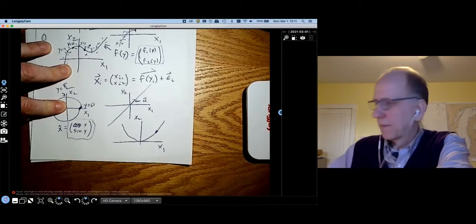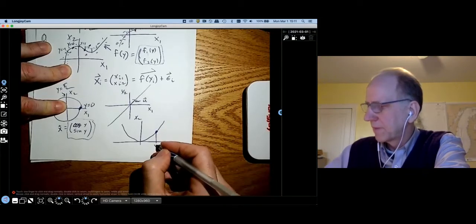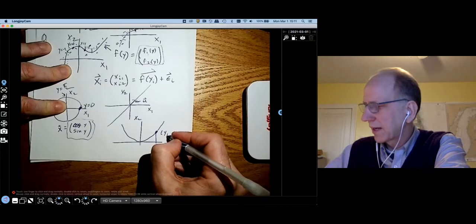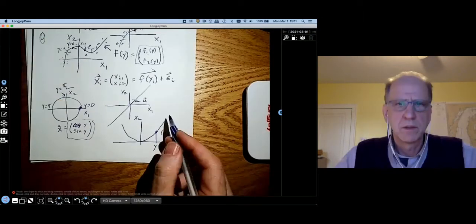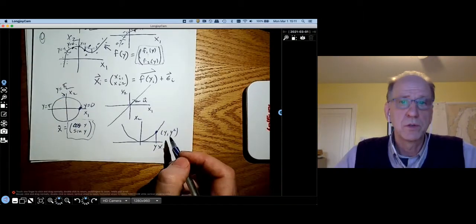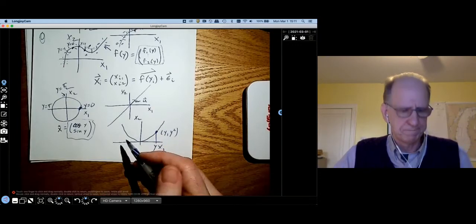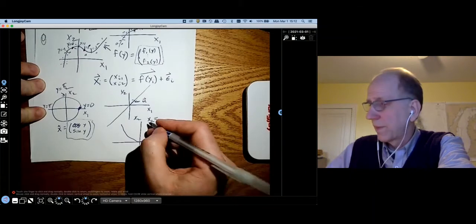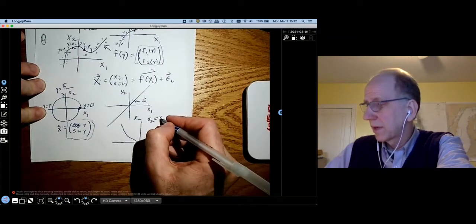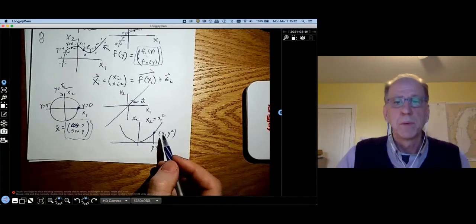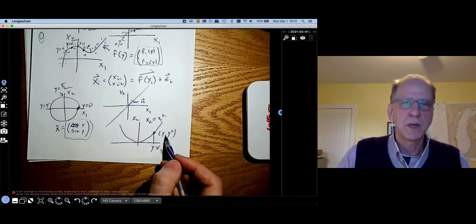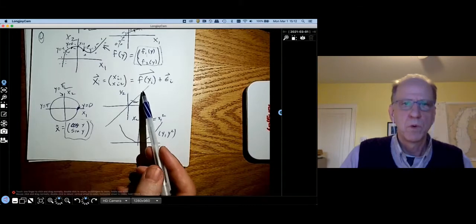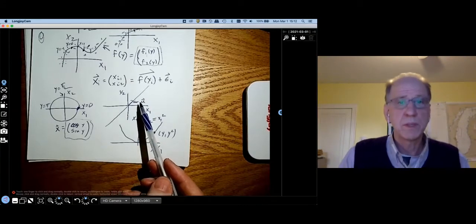If we considered some point on this parabola, the point is actually given by y comma y squared. So that would be another way to express this parabola. Alternatively, we could write it in the more usual format where x2 is equal to x1 squared, but we could also express it using this other parameter y, just as we did with the unit circle, or as we did with a vector with PCA.